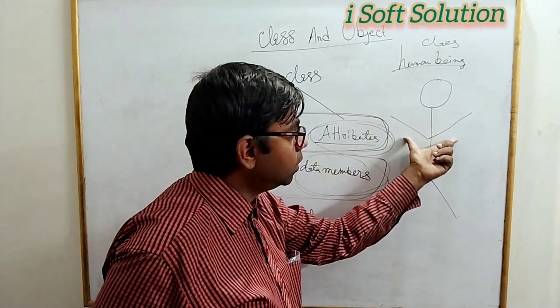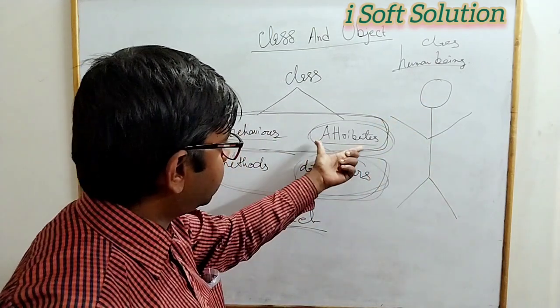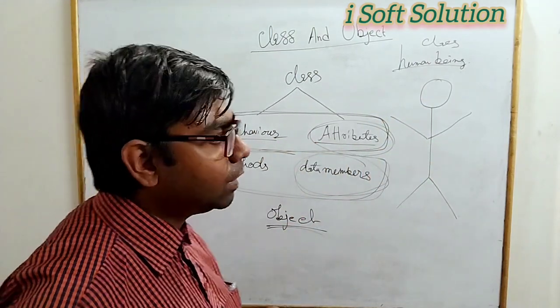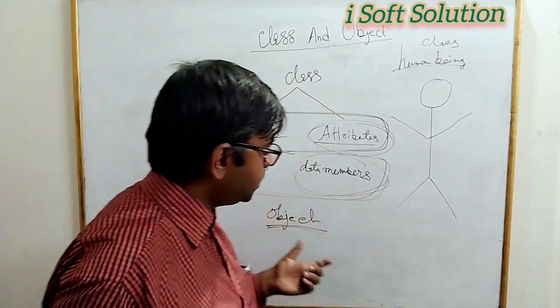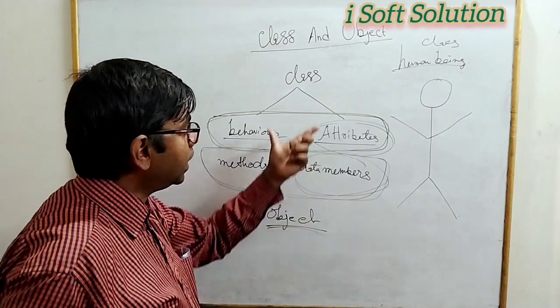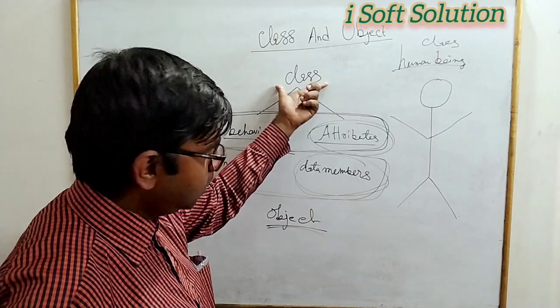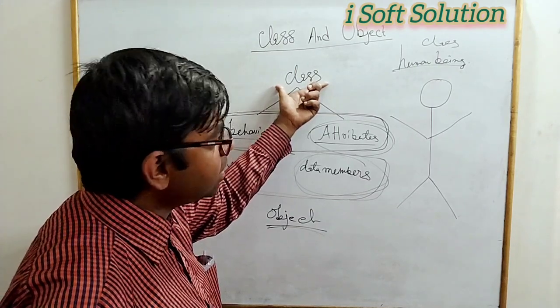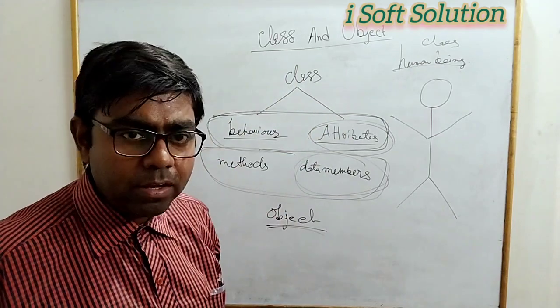So we all the human beings have these features, these attributes and behaviors, but all the human beings are different by their unique identity. So objects are actually unique identity. Objects are different. So we can create more than one object of a particular class. So from this section we can say that the class is an object factory.